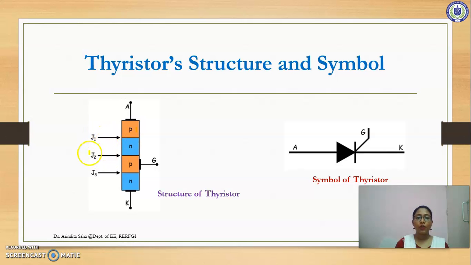Similarly, here we have another junction J2 and this another junction J3. These are the 3 junctions of the thyristor, and it has 3 terminals: this is the anode, this is the cathode and this is the gate. Similarly, in the symbol, this is the anode, this is the cathode and this is the gate terminal.